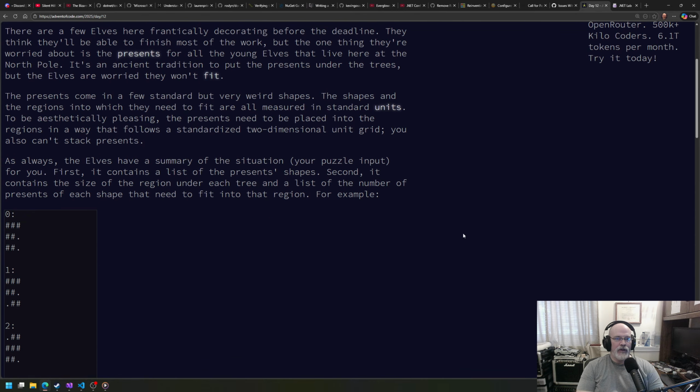As always, the elves have a summary of the situation, your puzzle input, for you. First, it contains a list of the present shapes. Second, it contains the size of the region under each tree and a list of the number of presents of each shape that need to fit in that region.